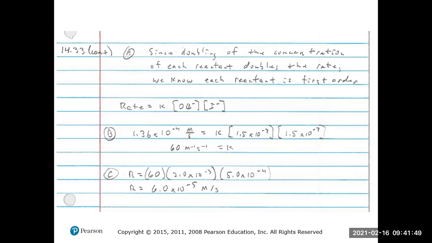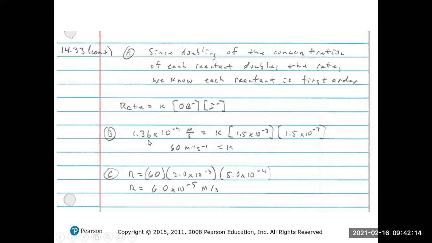Then the next part of the question, part B, asks what the units are, and asks us to calculate what that rate constant is. So we can simply take one of the rates in our table.